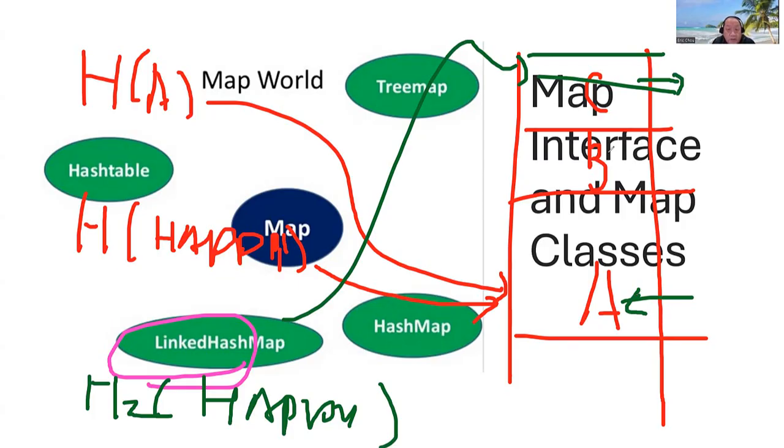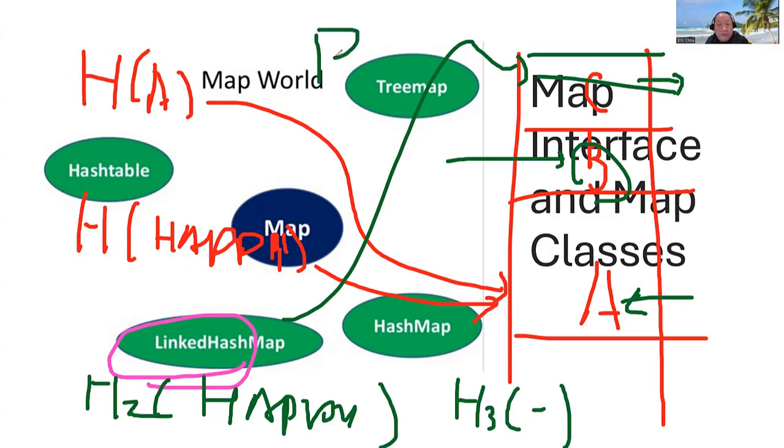Okay, maybe you hit B again, so you will use the hash function number 3 to do rehashing. So rehashing is one way to avoid it, but there's no guarantee that it will solve the problem. Sometimes the hashing may hash several times, 1,000 times maybe.